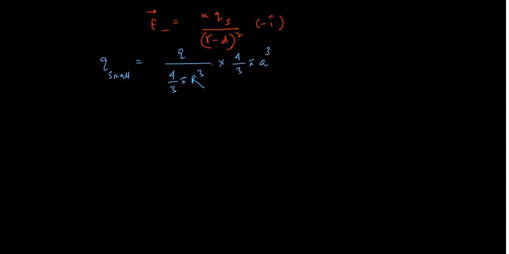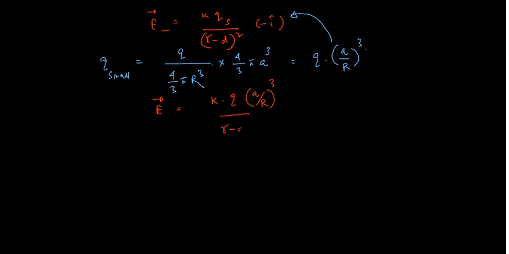So it is coming to be small q into a by capital R whole cube. Let us substitute here. So E due to negative will be k into Q a by capital R whole cube divided by R minus D whole square of minus i cap.